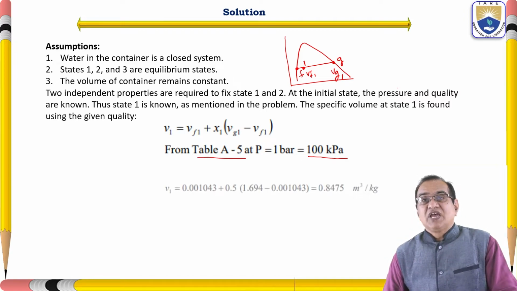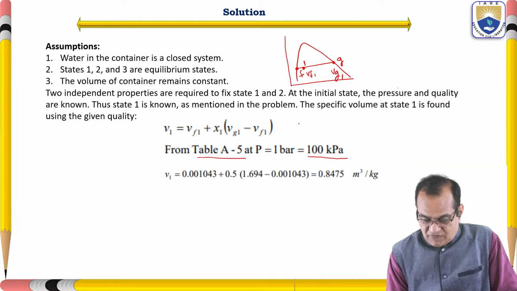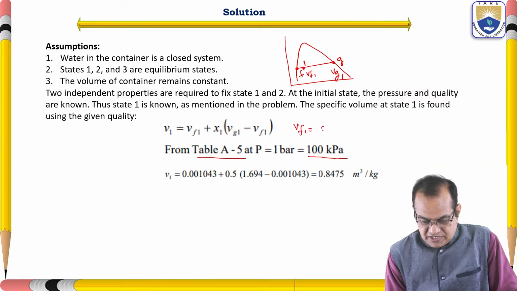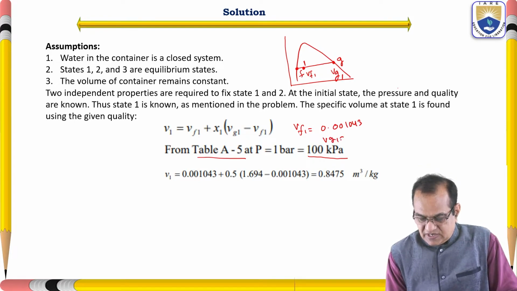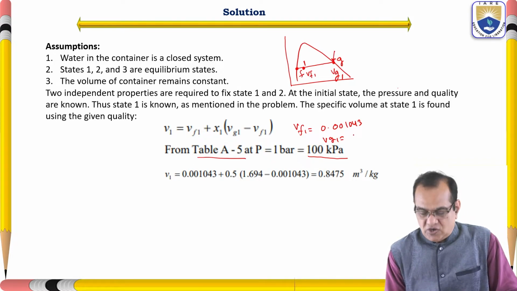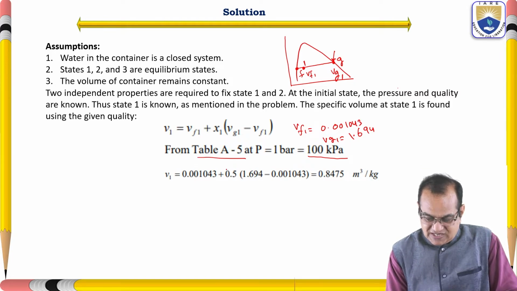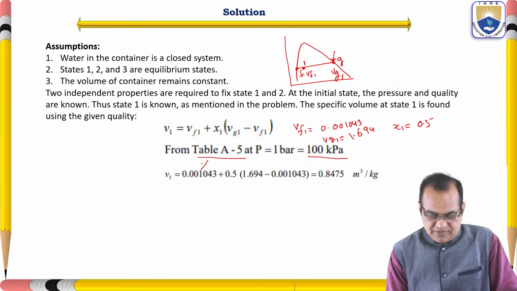So from this we have got all these parameters. We have Vf1 equal to 0.001043. Then Vg1, which will always be more than this, is 1.694, and x1 is given as 0.5. Vf1 and Vg1 are from the steam table.